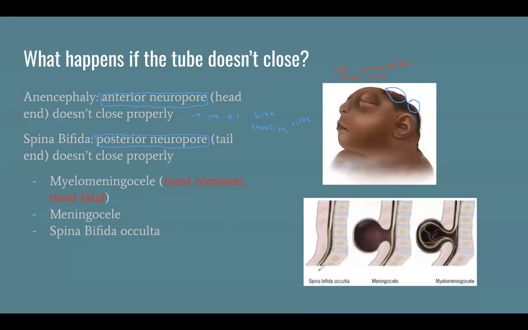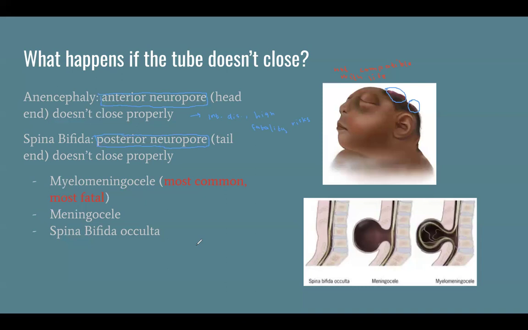So first, let's start with spina bifida occulta. Spina bifida occulta is basically a slight malformation in the spinal cord, right? So there's a little bit that didn't develop properly, and usually it doesn't cause any hindrance. I think the only sign is a little bit of hair and a little white spot on your back.